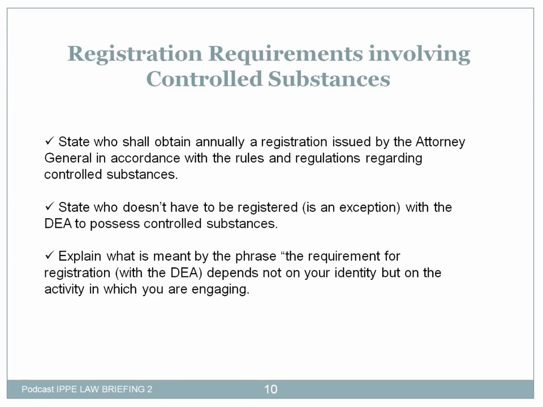FDA regulation of compounding is much more complicated than that. But the DEA regulation is important nonetheless, because what the DEA says is, to the extent that you are compounding, it doesn't matter if you are a dispenser and you are registered as a dispenser, you must register as a compounder also. The requirement for registration depends not on your identity, but on the activity in which you are engaging.